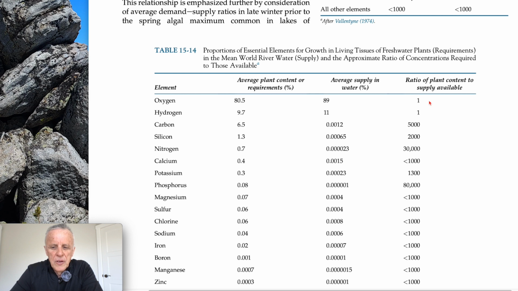So for example, like carbon, we have average plant content of 6.5, and average supply in the water in percentage is 0.0012, and so we have a factor of 5,000 between what is available in the river water compared to what the plant finds in its tissues.